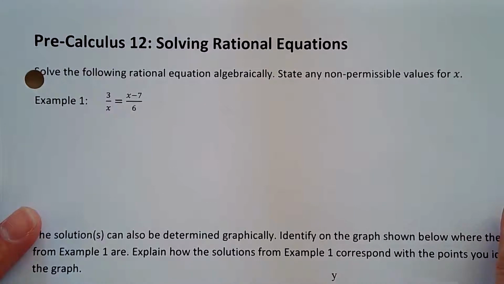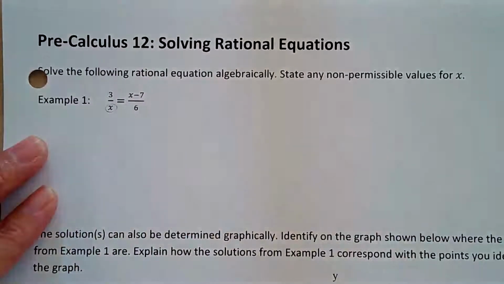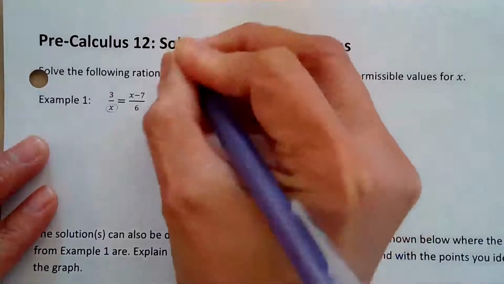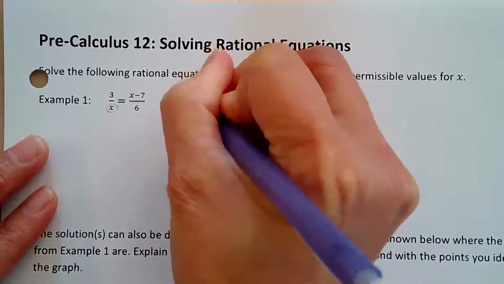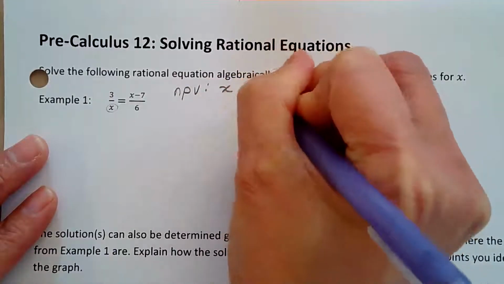What makes a value not allowed? Because it will make the denominator 0. In a rational equation, you cannot have the denominator equal to 0. So this one here is the denominator, x. So I'm just going to put NPV: x cannot equal 0.